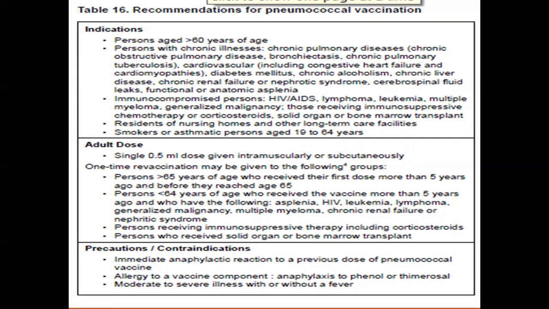Persons who are immunocompromised, such as those with HIV/AIDS, lymphoma, cancer patients, residents of nursing homes and other long-term care facilities, and persons aged 19 to 64 years old who are smokers or asthmatics. A single dose is given intramuscularly or subcutaneously, and a one-time revaccination may be given to the following groups.